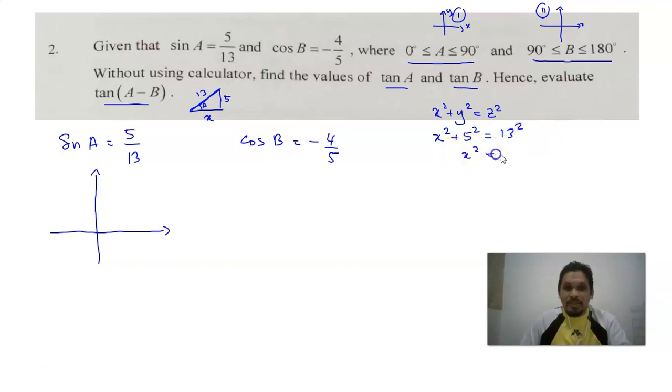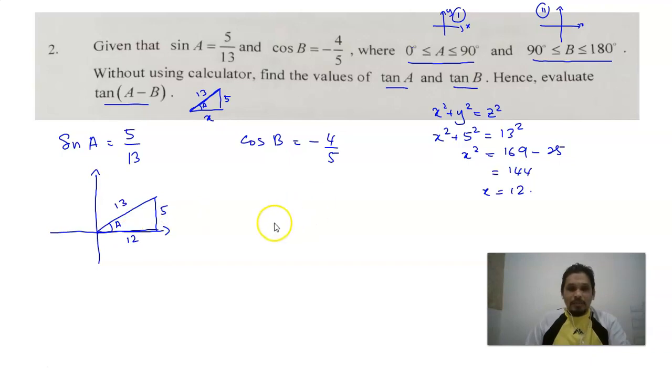Then x squared equal to 169 minus 25 equal to 144. Then x equal to 12. So the graph will be something like this. The angle A, and this is 13, 5, and 12.